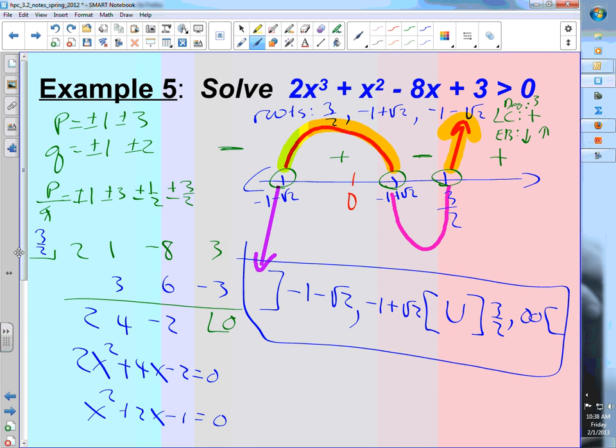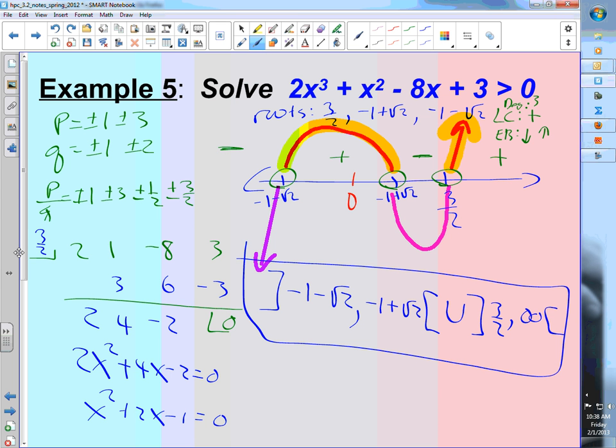So when I went up to graph, I don't really care what the value of negative 1 plus or minus root 2 is, just where is it? Negative 1 minus root 2 is over here, to the left of 0. 3 over 2, that's easy. And then you just need to make sure that negative 1 plus root 2 is between 0 and 3 over 2.